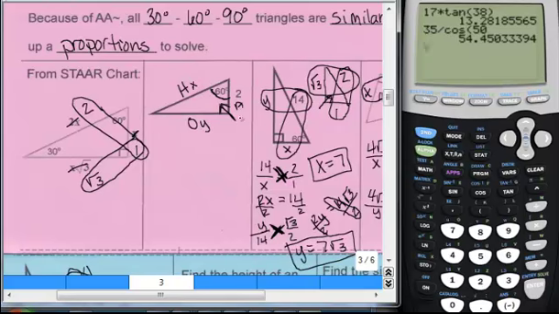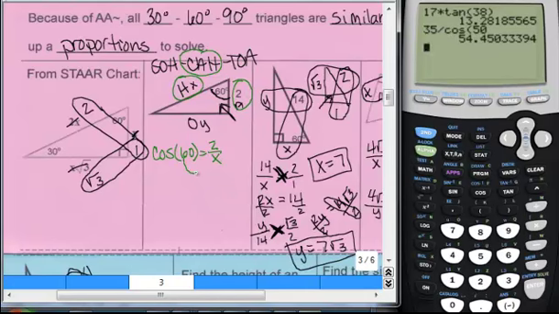So for x, if we're using adjacent and hypotenuse, adjacent and hypotenuse is the cosine. So the cosine of our angle 60 is equal to adjacent over hypotenuse, so 2 over x.